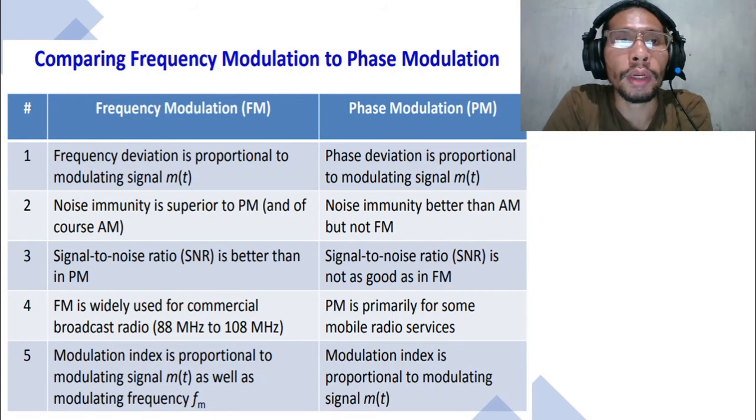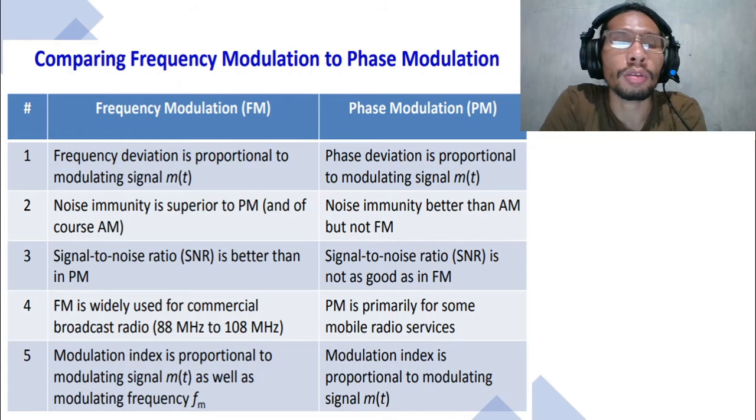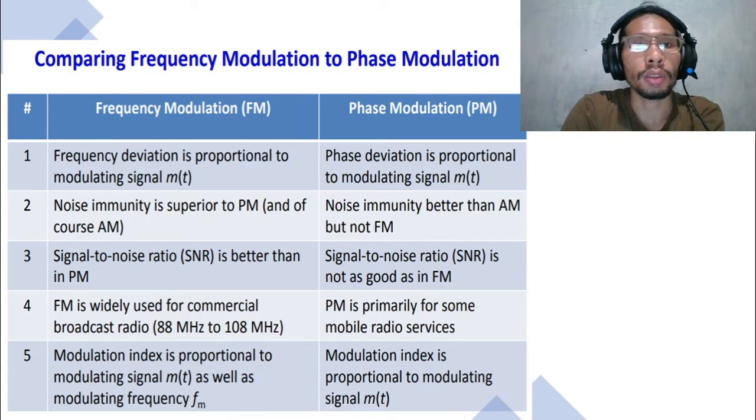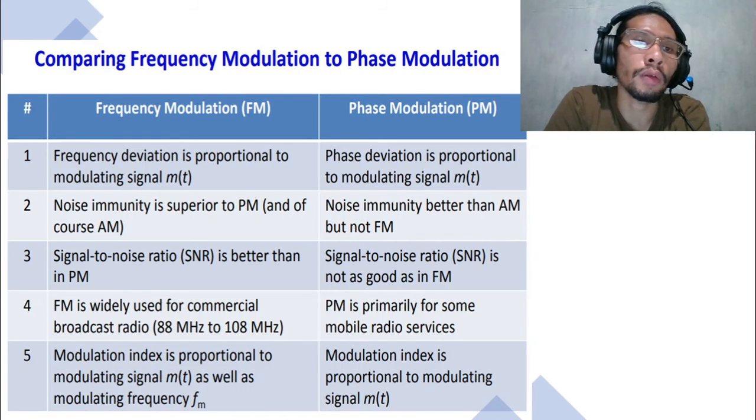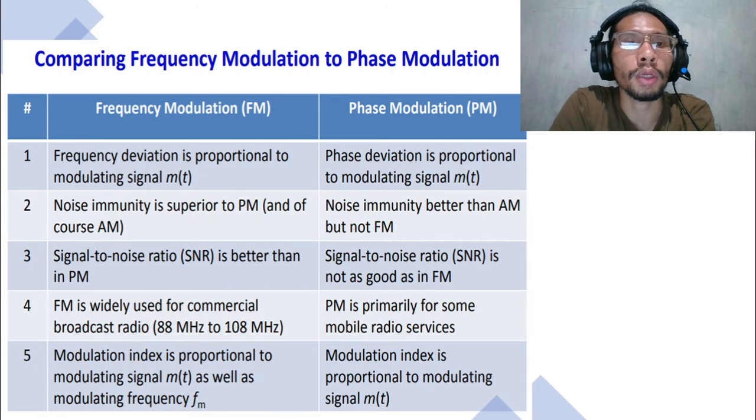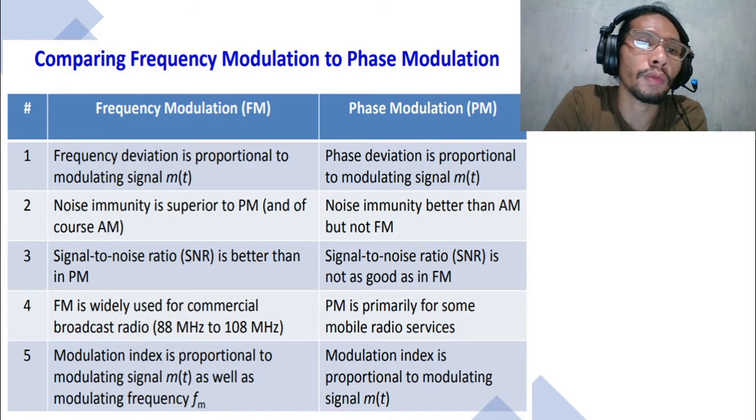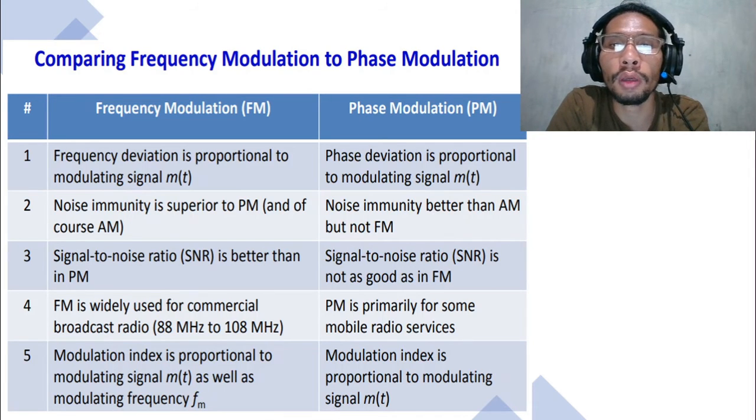So next is the comparison of frequency modulation to phase modulation. As you can see, on the left side is the frequency modulation, while on the right side is the phase modulation. So in FM, frequency deviation is proportional to the modulating signal, or m of t, while in PM, phase deviation is proportional to the modulating signal.